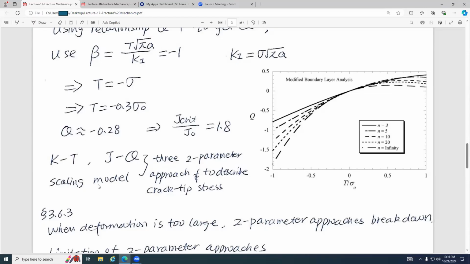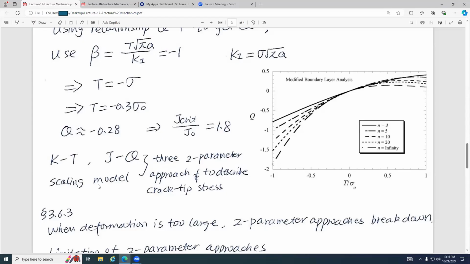One is called the KT model, one is called the JQ model. And definitely there is a scaling model, which we will not talk about. I think as long as you know the KT model and the JQ model, you will be very, very happy with your knowledge.